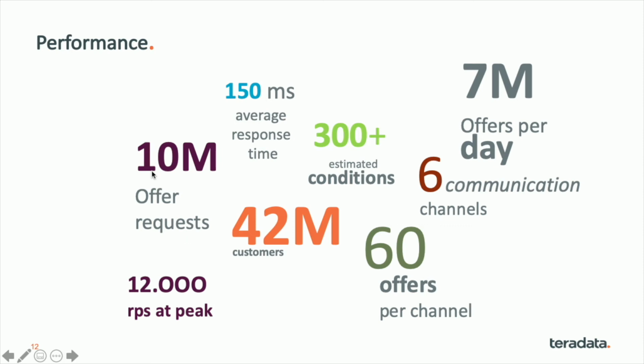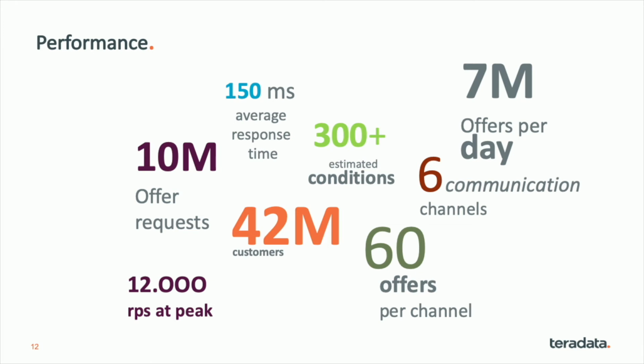Not all requests are leading to offers, yes? It's only 7 million offers per day from 10 million requests. Our customer base is 42 million subscribers. It's around Russia and other countries.